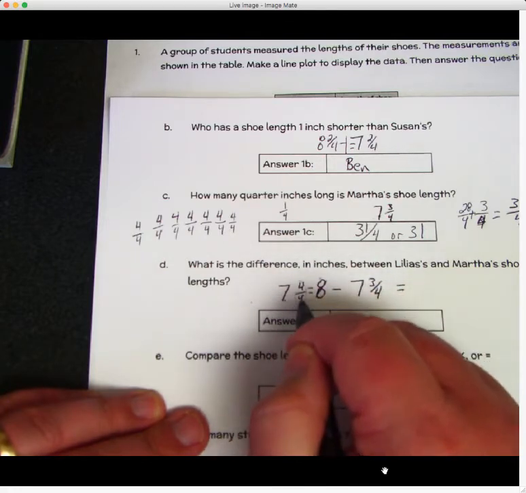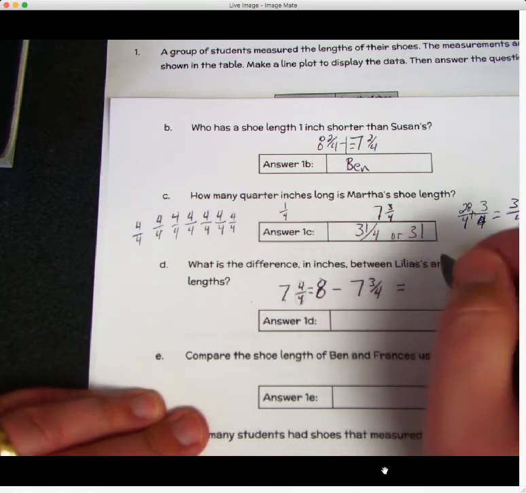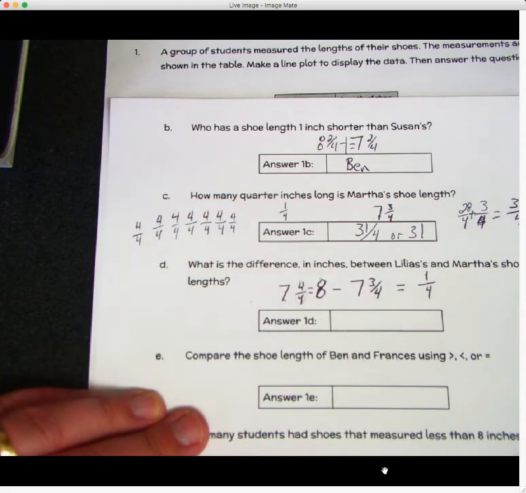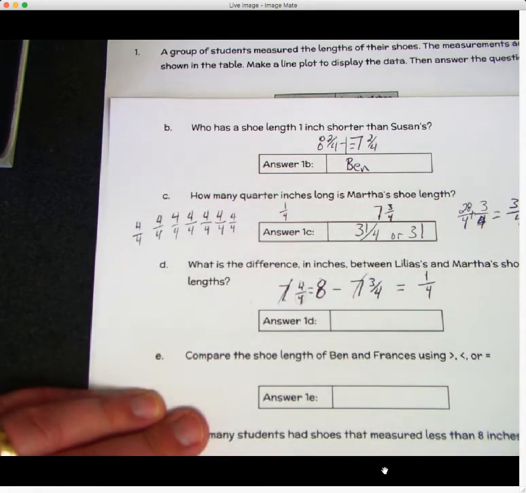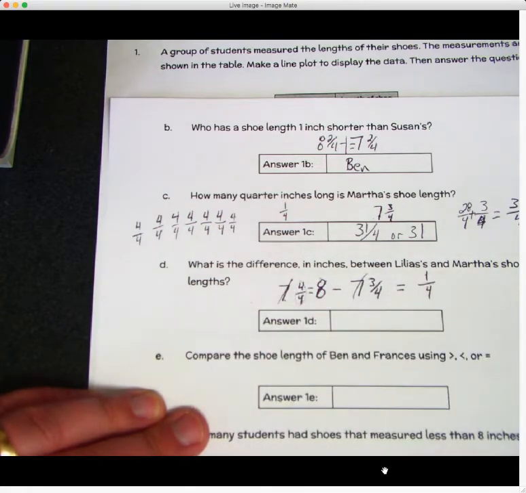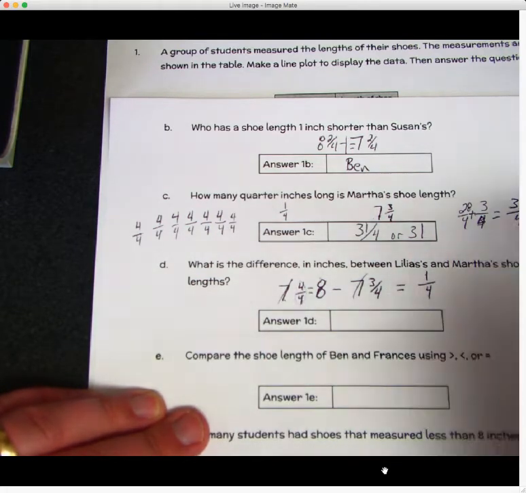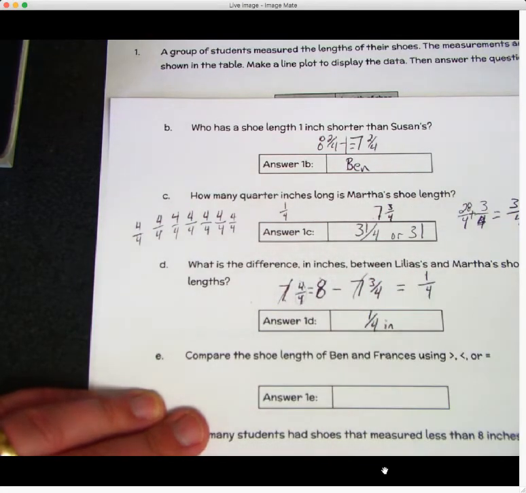So I can do 7 4/4 minus 7 3/4. Well, what's left? Only 1/4. Because the 7s cancel each other out. 7 minus 7 is 0. 4/4 minus 3/4 is 1/4. So the answer is 1/4 inches difference. Okay.